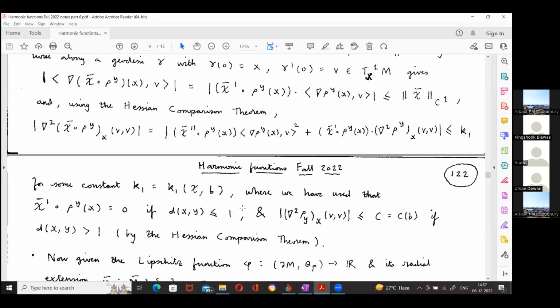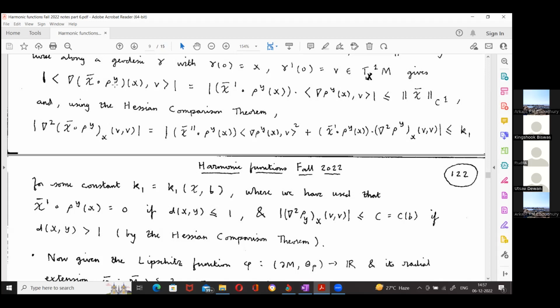So finally, what we get is that the norm of the gradient of this chi composed with rho y squared and the Hessian of chi composed with rho y squared, both of these are bounded by some constants independent of y.